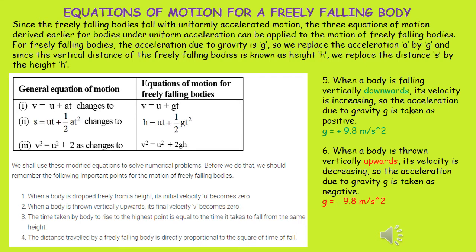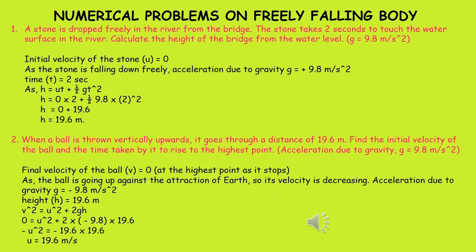And as the body is acted upon by the gravitational force of Earth, it is decelerating. The velocity of the body will reduce and it will reach 0 at the highest point. So g value will be taken as minus 9.8 meter per second square. So when we will be doing the numerical problem, we have to keep these things in mind.